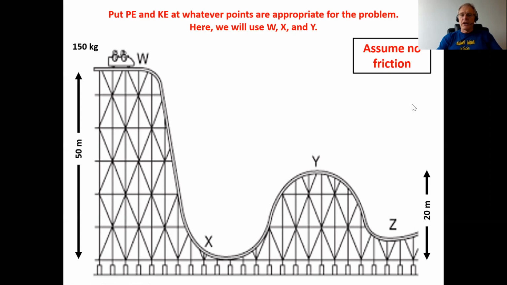First of all, we're talking about the energy at two separate points, so we have to get the energy down at the different points. We have four points here, W, X, Y, and Z. I stole this from someplace, obviously. We're only going to be using W, X, and Y, because W is where you start, X happens to be at the ground, and Y is 20 meters above the ground.